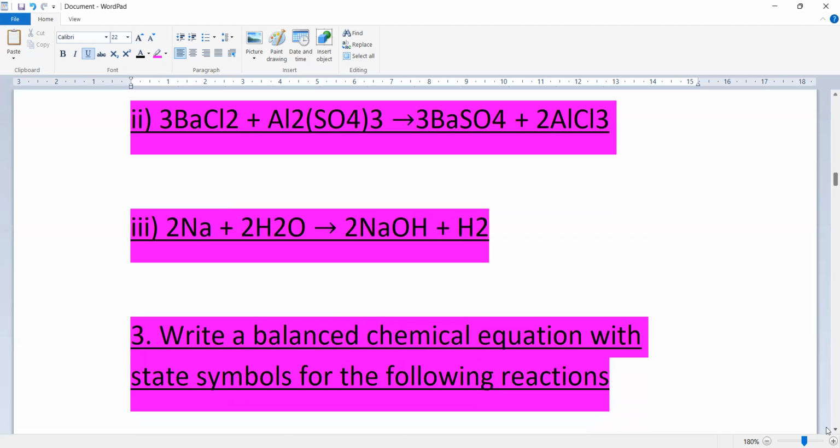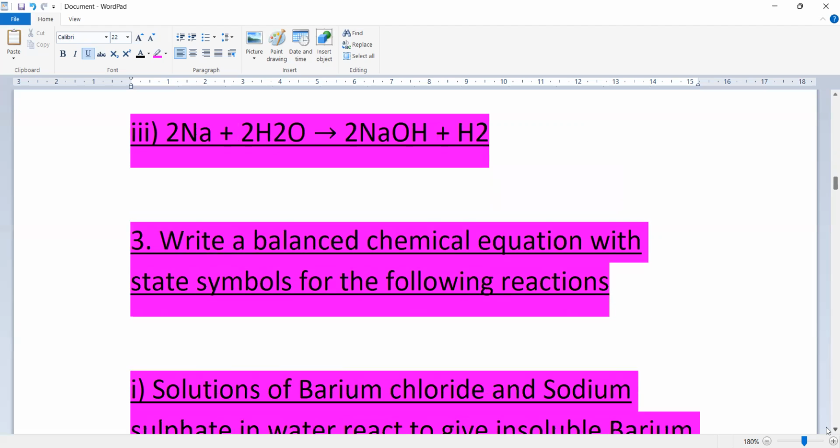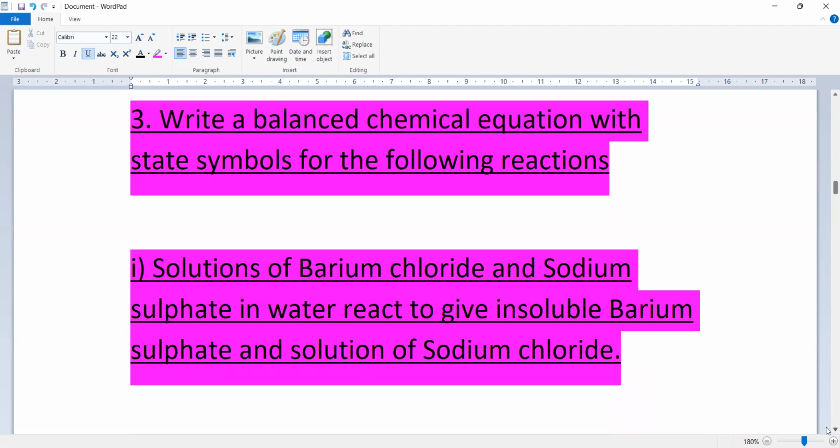Next question, the third question: write a balanced chemical equation with state symbols for the following reactions.